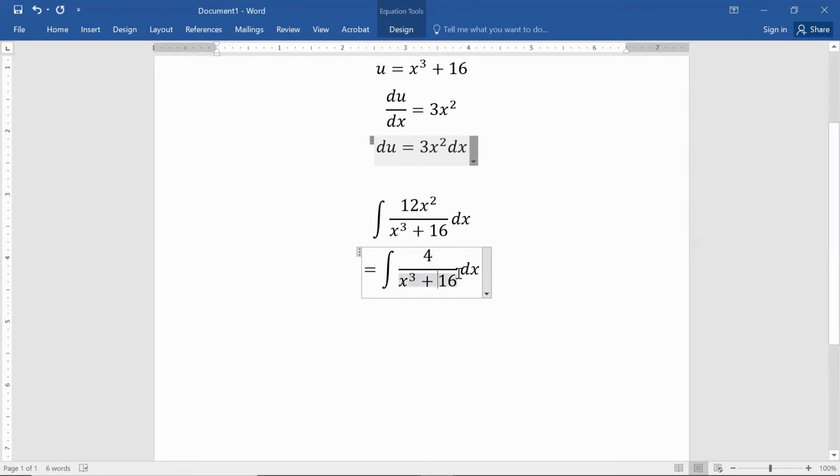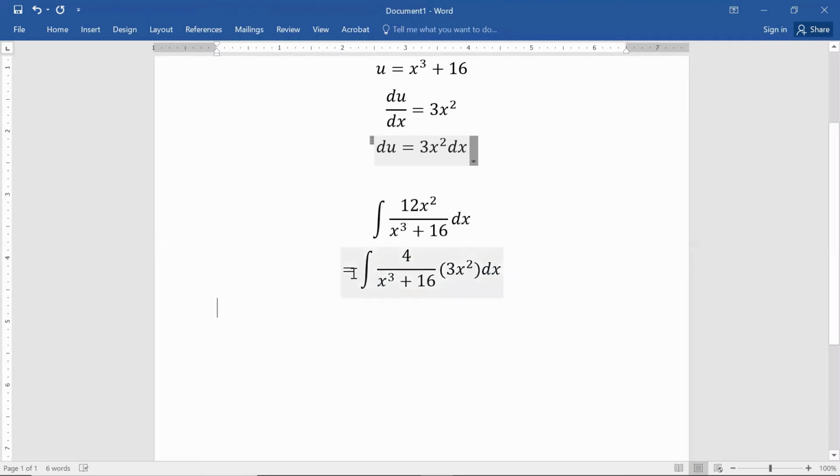And instead of writing it in the numerator, I could have just multiplied 3x squared times dx. In other words, I pulled and factored out a 3x squared from the numerator and just put it next to the dx. If we understand how multiplication of fractions goes, we know that this is a correct thing that we can do.